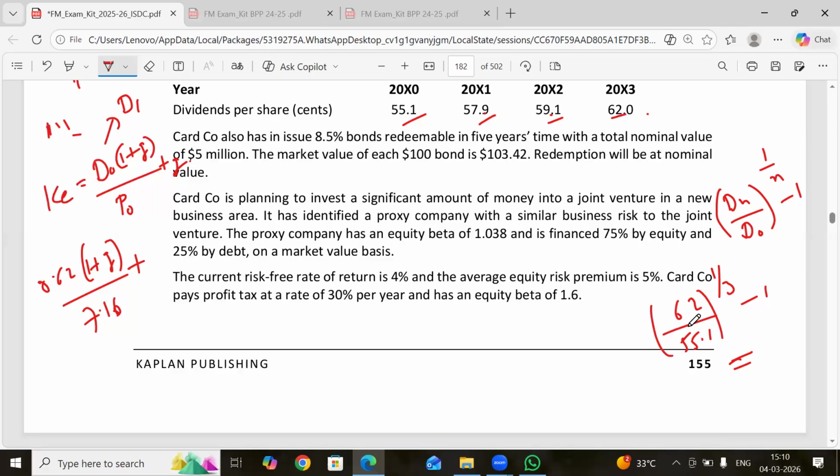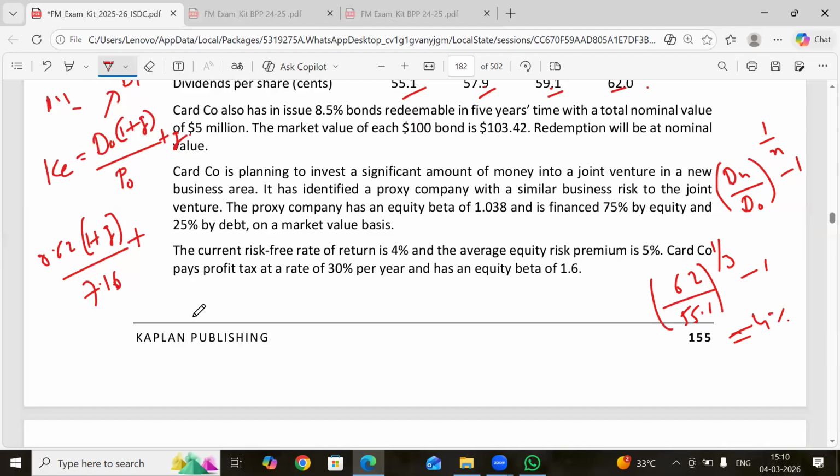You'll get 1.04, minus 1, into 100 is 4%. The growth is 4%. We'll just put it in this formula: 0.62 into 1 plus 0.04, whole divided by 7.16, plus 0.04. Just find out and tell me the cost of equity, all of you.